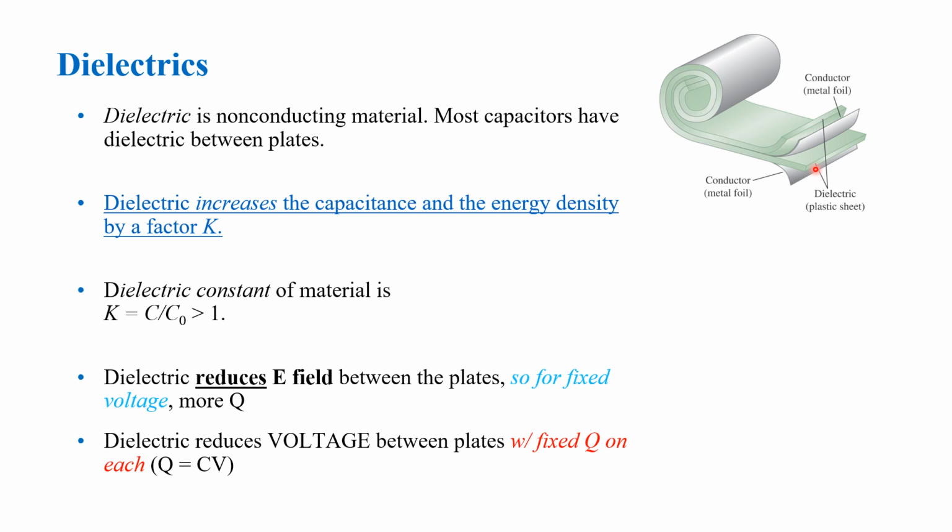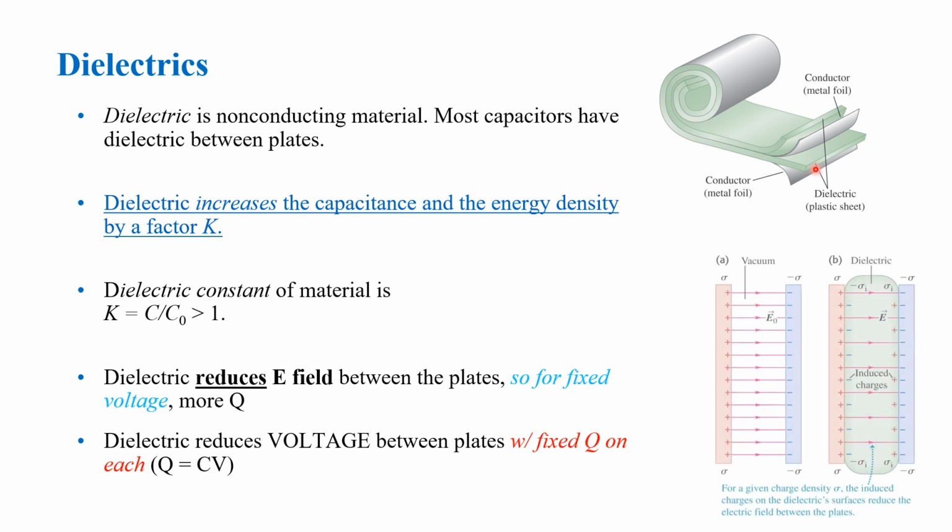Your dielectric reduces the voltage between the plates with fixed Q, which is again, remember, Q is equal to your capacitance times your voltage. Okay, so this is what happens when you have your dielectric in between your two parallel plates.